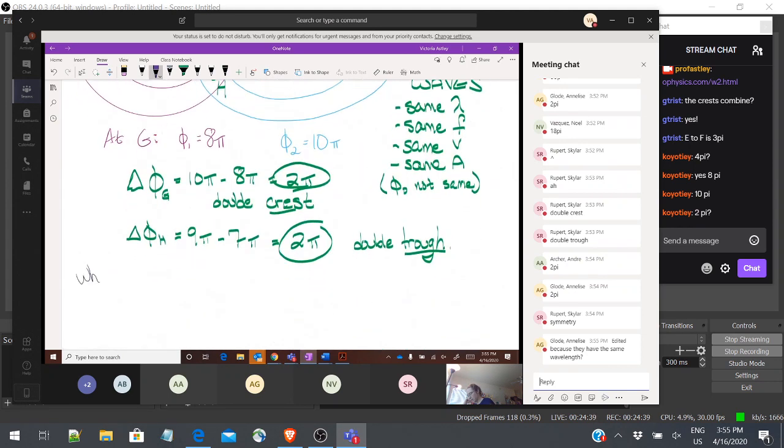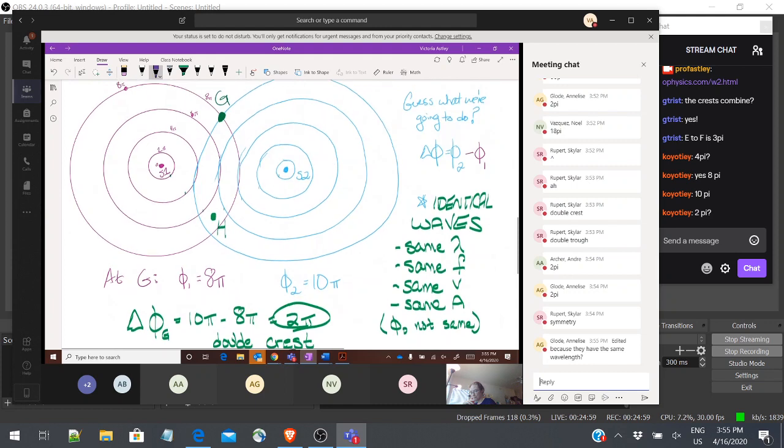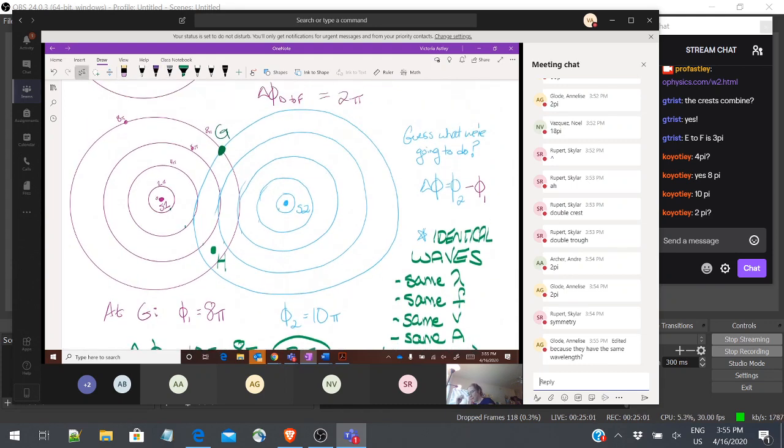What will these look like? Exactly half a period later. So whatever is a crest is now a trough. Whatever is a trough is now a crest.